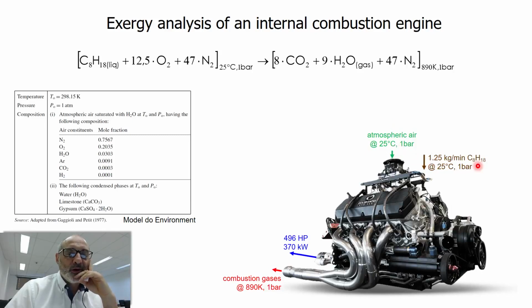This is the mass flow rate of octane, 1.25 kilograms per minute at 25 degrees and 1 bar, in liquid form. Another given is the mechanical power you get, 370 kilowatts, the shaft power, as we say.